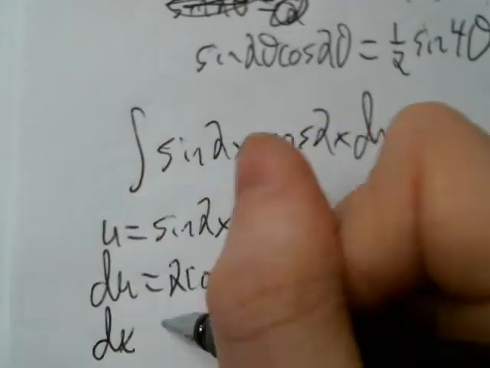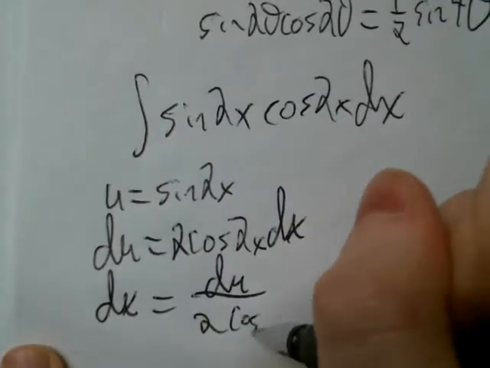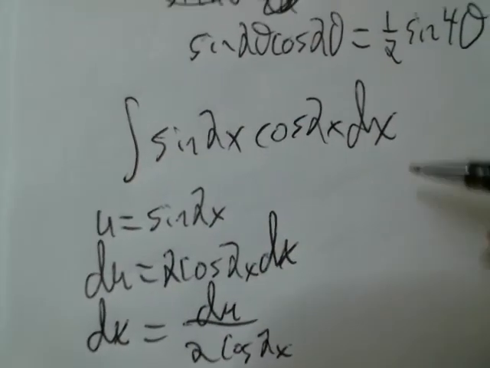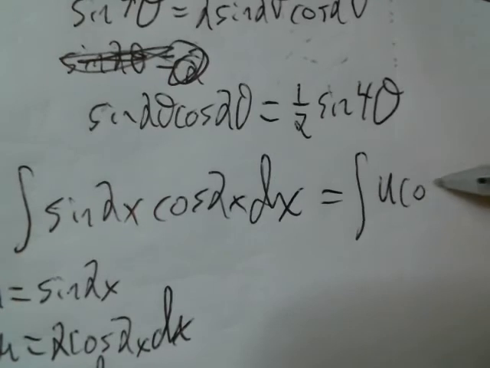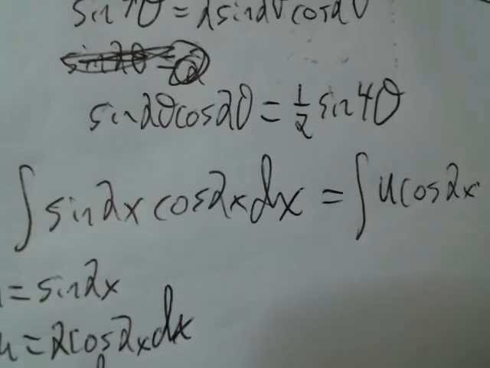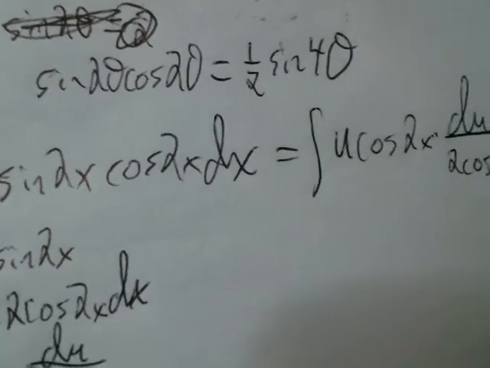So dx is du all over 2 cosine of 2x. I do my substitution and get the integral of u times cosine of 2x times dx, which is du all over 2 cosine of 2x.